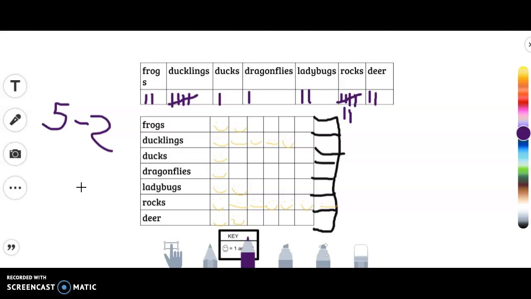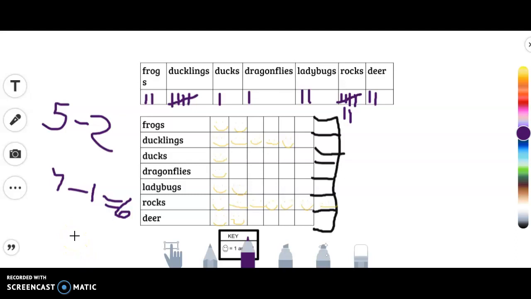How many more rocks than dragonflies? Pause the video. Right, there are 7 rocks and 1 dragonfly. So that equals 6.